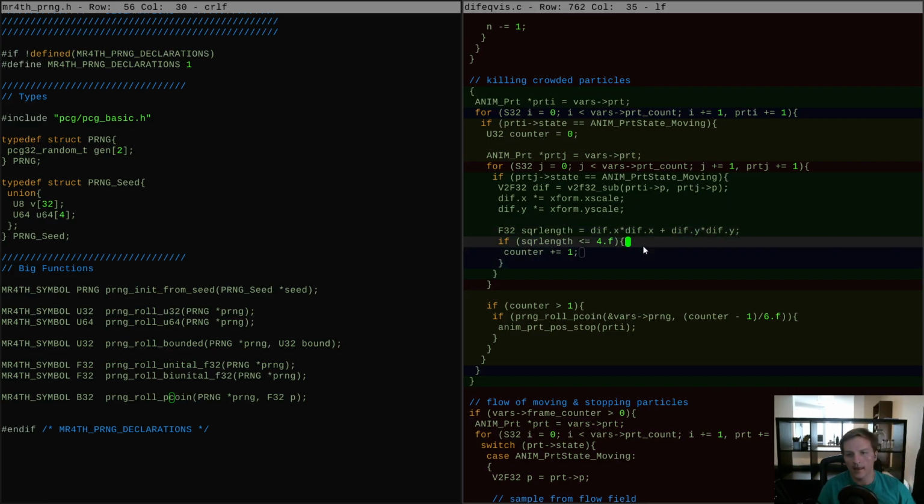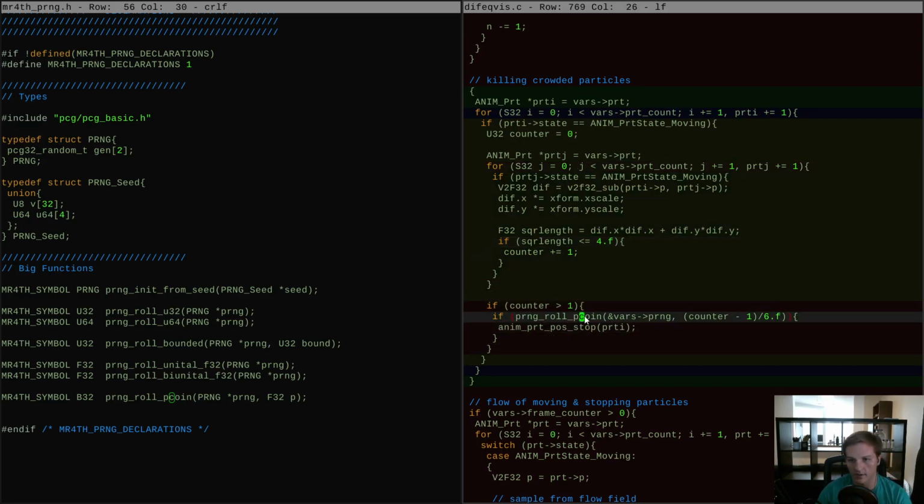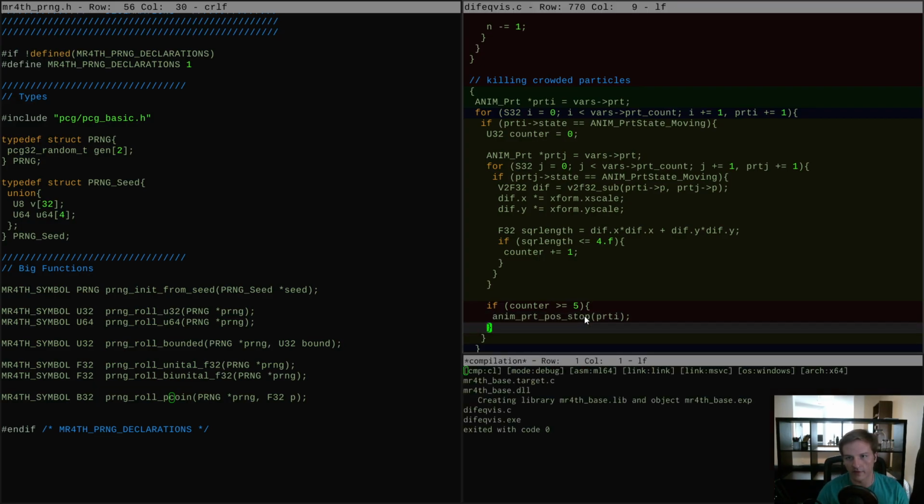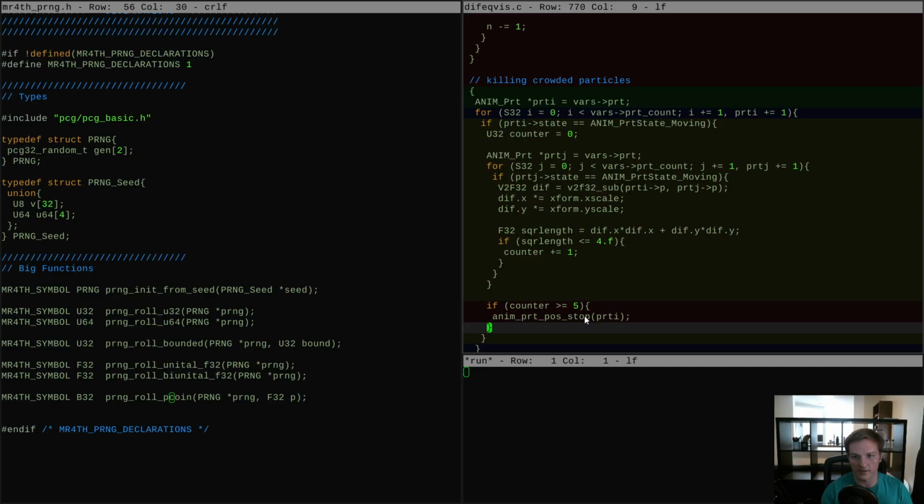There we go. All right, so this is clearly not going to work. I don't think it's the RNG that's slowing us down, right? If I just said if counter is greater than or equal to 5, stop, that wouldn't fix anything, right? Right, it's the n squared over a really high number of particles that's costing us too much.